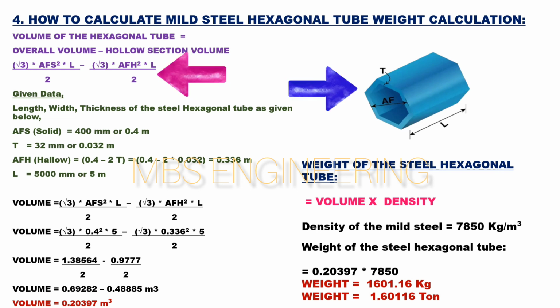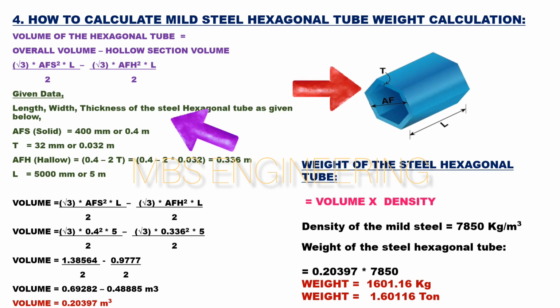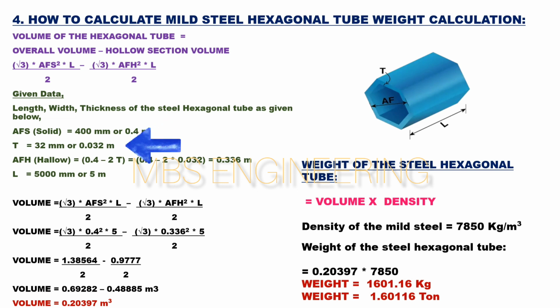Please refer to the mild steel hexagonal tube snaps. The given data is length, width, and thickness of the mild steel hexagonal tube. The first given data, AFS, across flat width for solid section, is 400 mm or 0.4 meter. Next, the second given data, thickness T, is 32 mm or 0.032 meter. AFH, across flat width for hollow section, is 0.4 minus 2T.